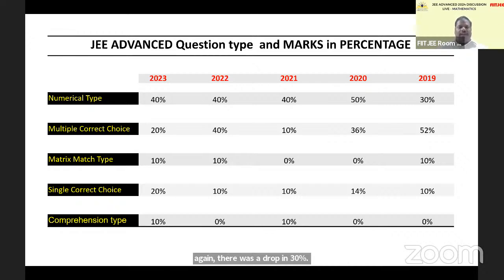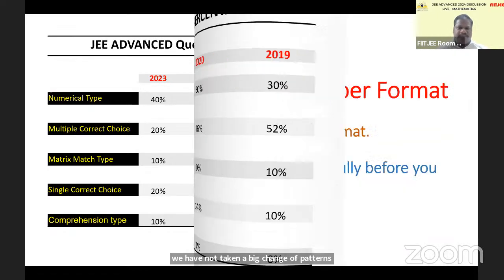For all the individual matrix type and single correct choice comparisons, you see the values are almost similar to what was there in the last 5 years. The trend has not taken a big change except 2022, and from 2020 there has not been a big variation of patterns.